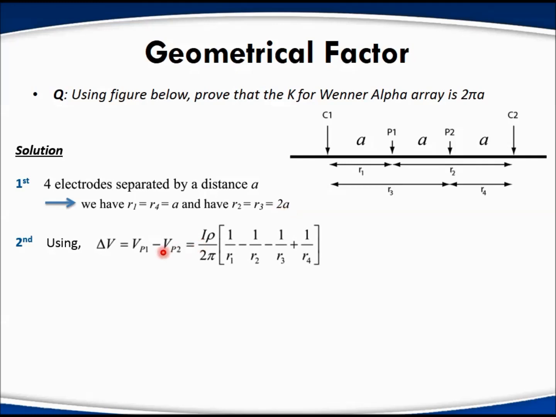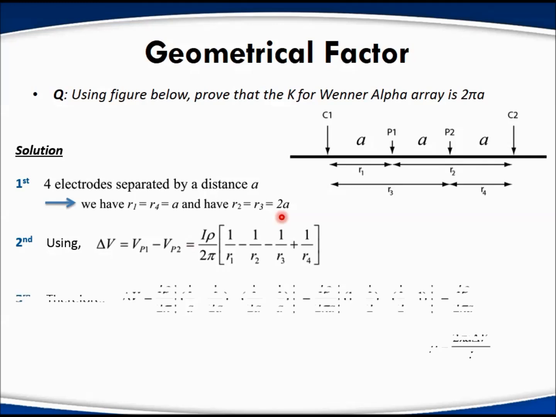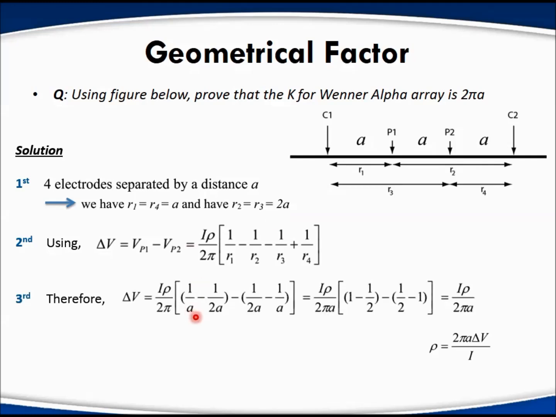So when we are using the formula that we learned before, we just need to replace R1, R2, R3, and R4 with A and 2A. So it will become like this.